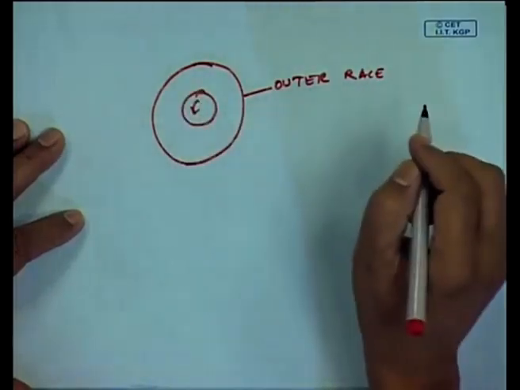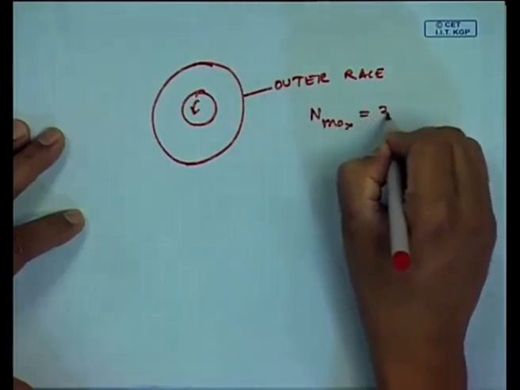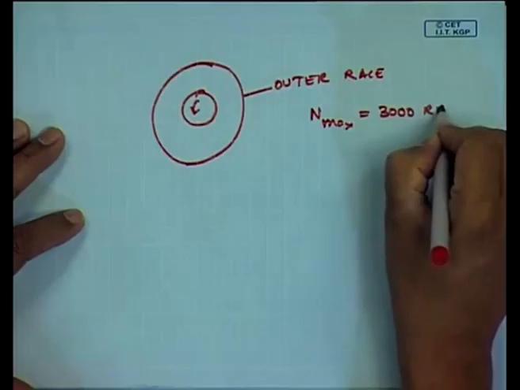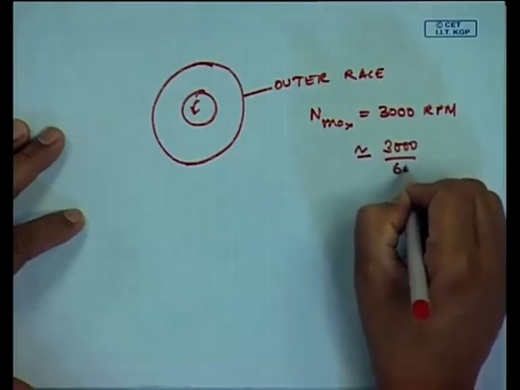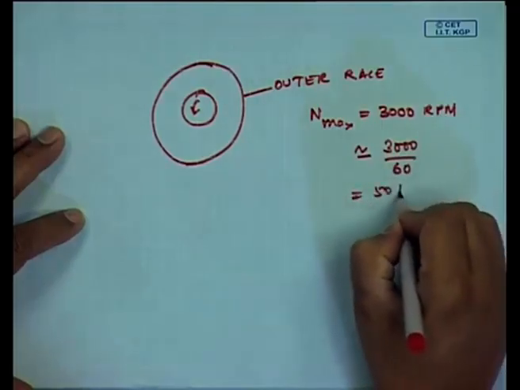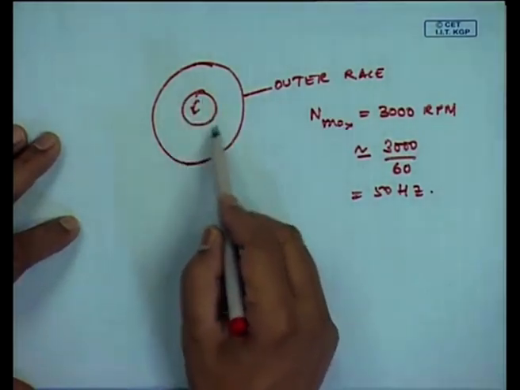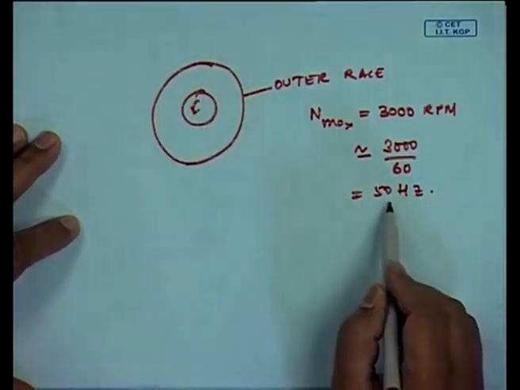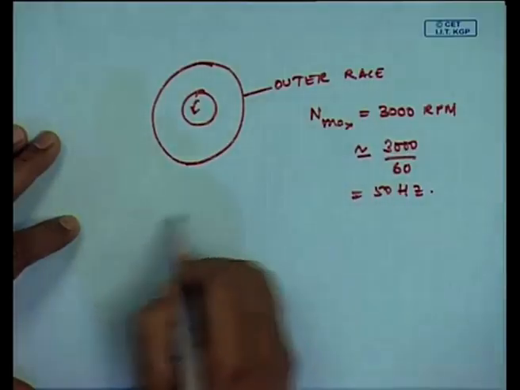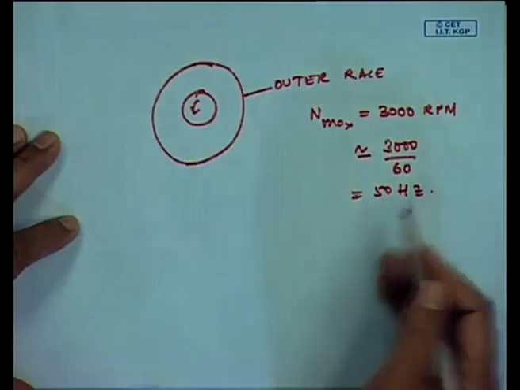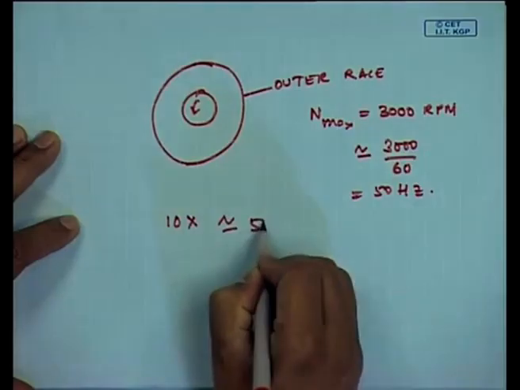Say a bearing is used in a machinery wherein the maximum RPM is 3000 RPM, and that boils down to 3000 by 60, that is 50 hertz. So, any operation in this bearing is going to produce a 50 hertz excitation frequency, or a few multiples of it. At the most, maybe if it is 10 times the fundamental rate, this could be 500 hertz.